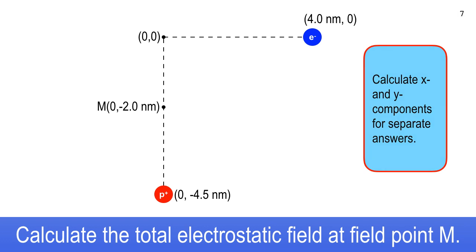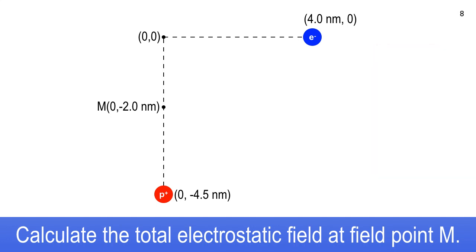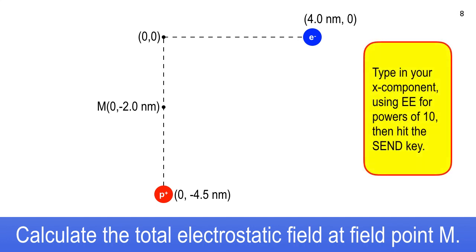All right, let's get answers in. First one, type in your X component using EE for powers of 10. So something point something something EE10 and then another number. Do that real quick.